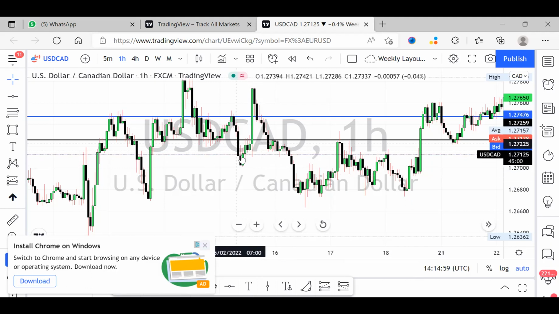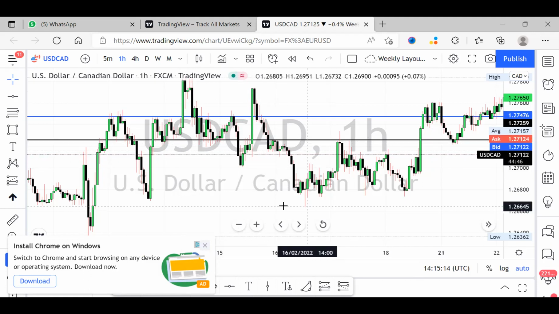Also remember this: as this makes a higher high, it must go above the previous high for it to be a continued buy. If it goes below this black zone and continues down, this is where we're going to look for shorting opportunities.